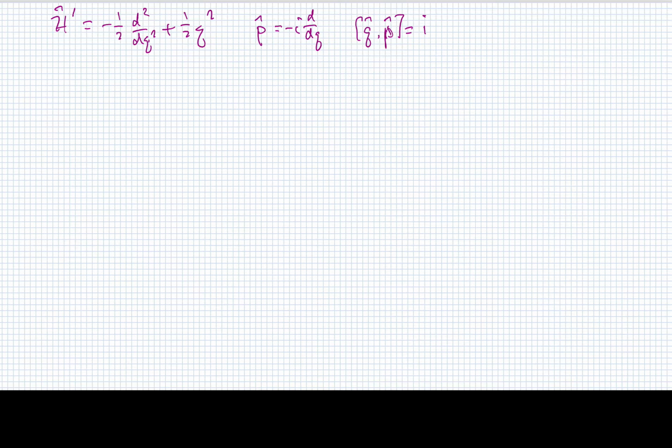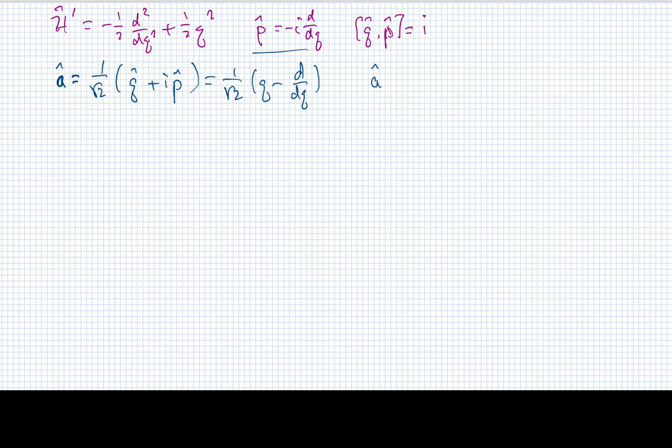What I want to do is define a new operator, which I'll call A, and I'll write it as 1 over the square root of 2 times the Q operator plus i times the P operator. If I plug in these expressions, this operator can be written like this. Fairly simple looking operator.